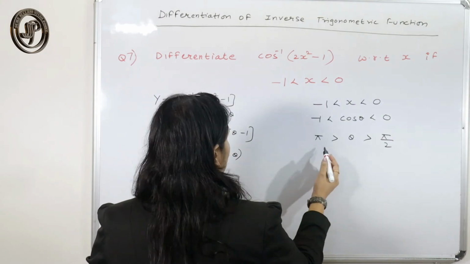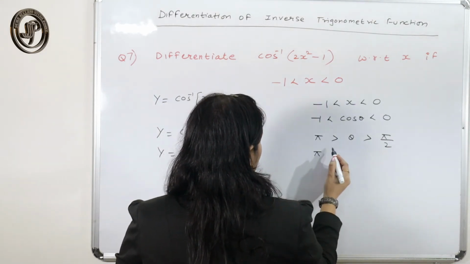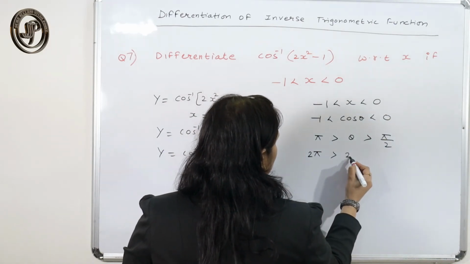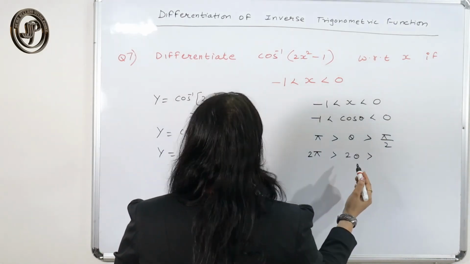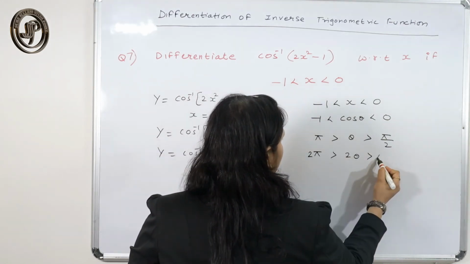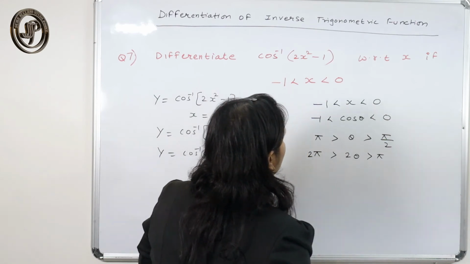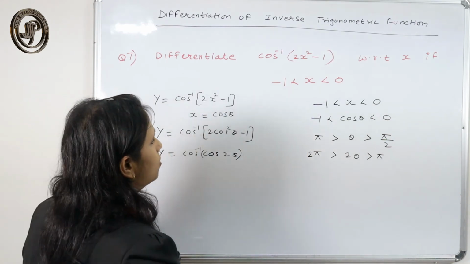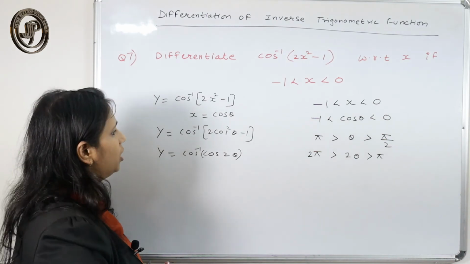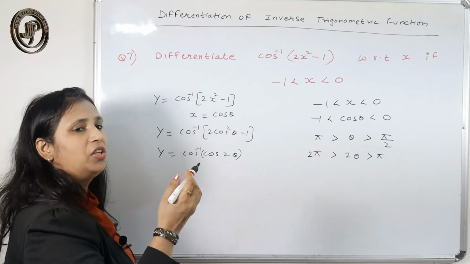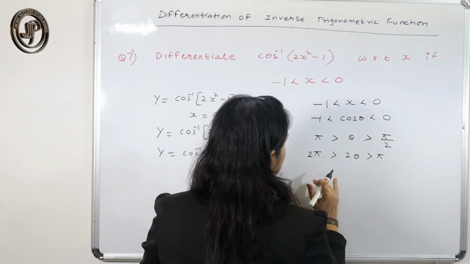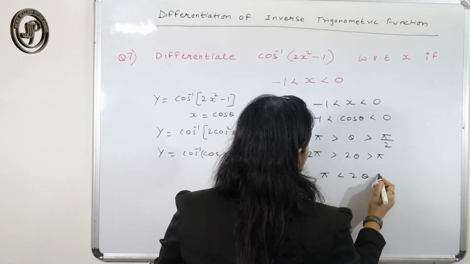Now if you put 2 theta, it will be 2 pi to pi. So that is not coming in your range, because 2 theta should be between 0 to pi. But here it is coming pi to 2 pi.